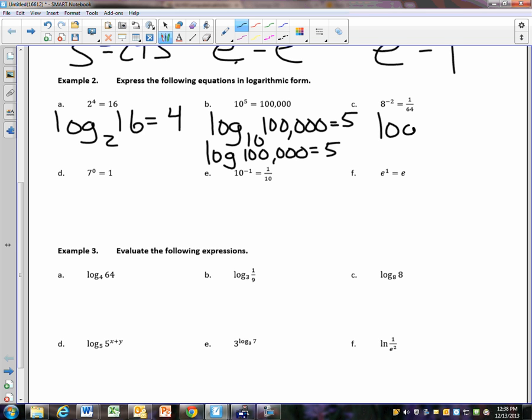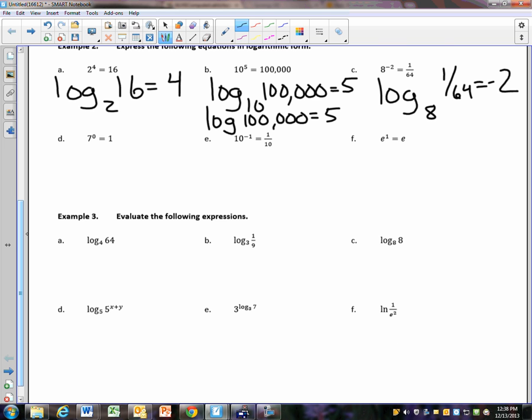So like here, is the base 10? No, so we write 8. Log base 8 of 1/64 is negative 2. Next one, log base of... always gives you the exponent. Always gives you the exponent.